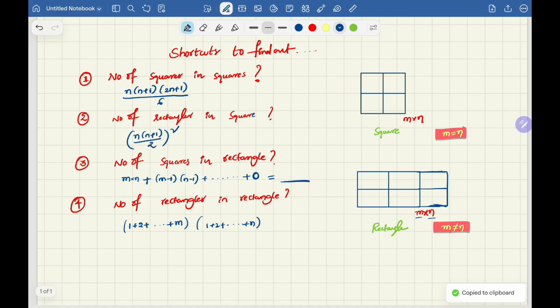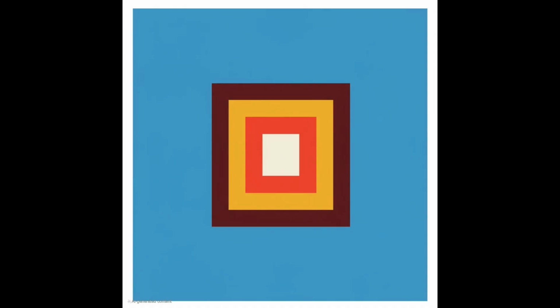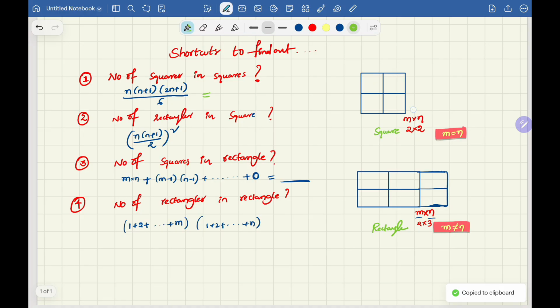So now I want to solve this question. It is a 2 by 2 square, and a 2 by 3 rectangle. Number of rows to number of columns. Okay. So see how to solve this question. It is a 2 by 2 matrix. So how many squares are there in this square? 2 into 2 plus 1 into 2 into 2 plus 1 by 6.